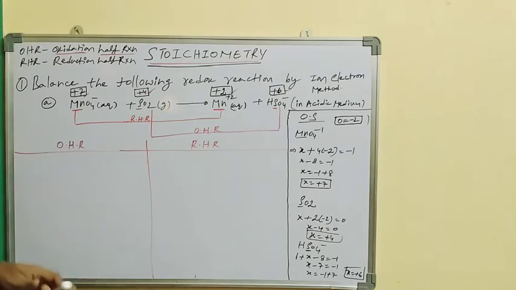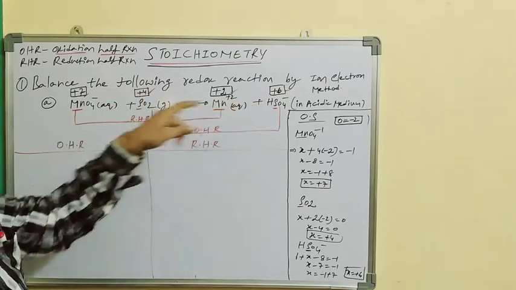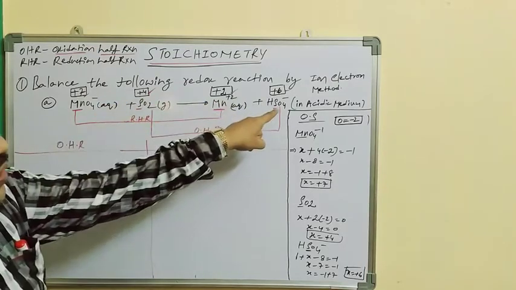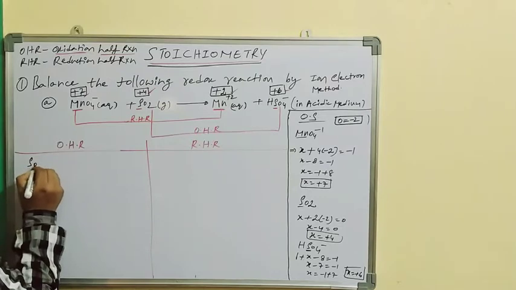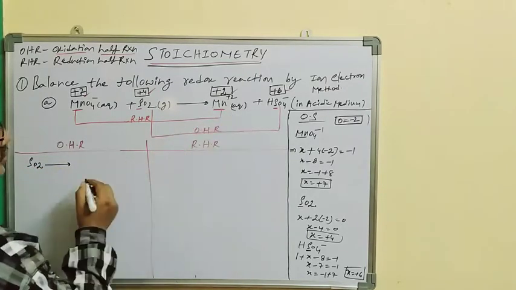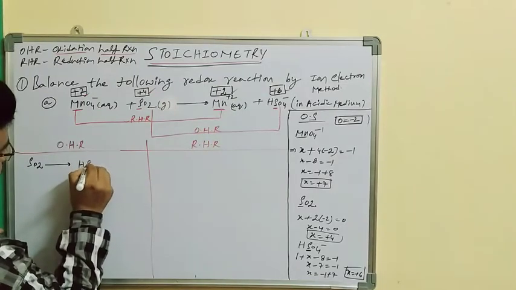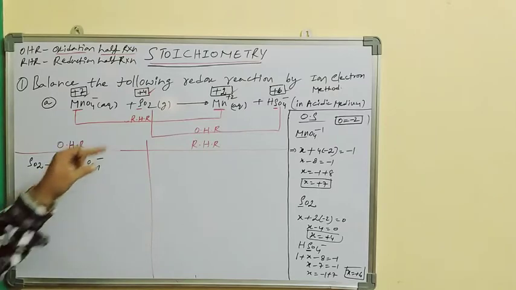What is the oxidation half reaction? +4 to +6 means we are taking SO2 to HSO4 minus. This is the oxidation half reaction.